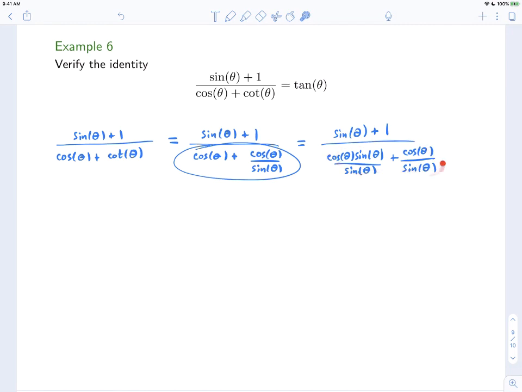So now we're just going to combine these by adding them together. So in the numerator, we have sine of theta plus 1. And in the denominator, we're going to have cosine of theta times sine of theta plus cosine of theta, and all of this is divided by sine of theta.